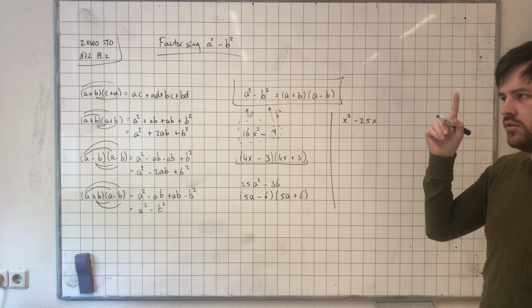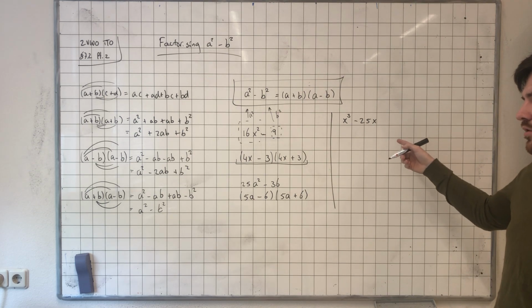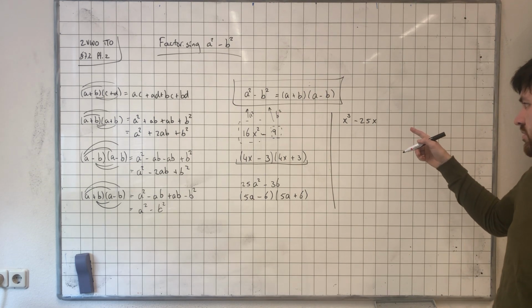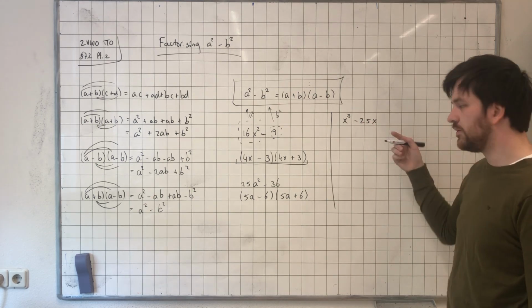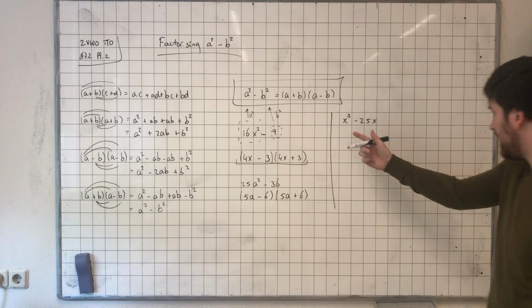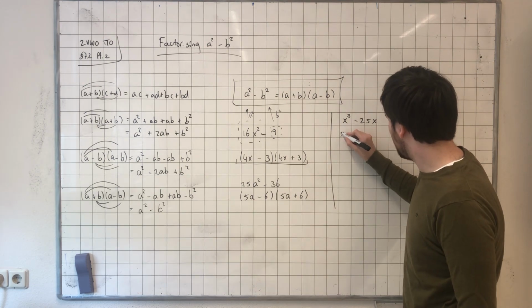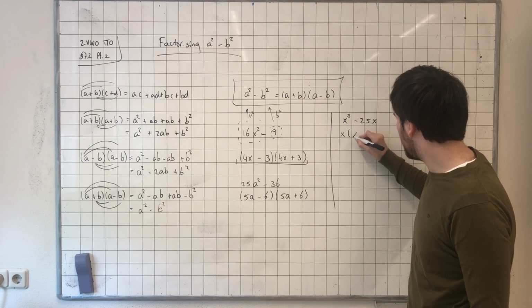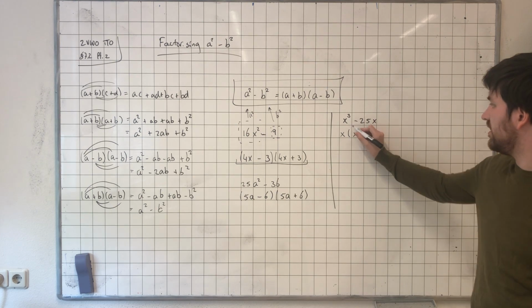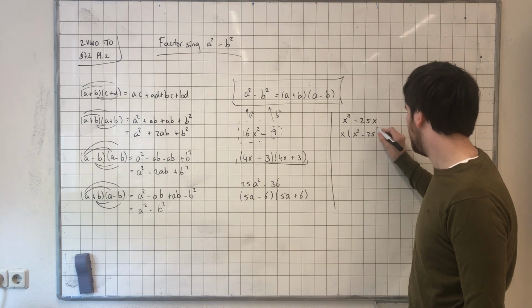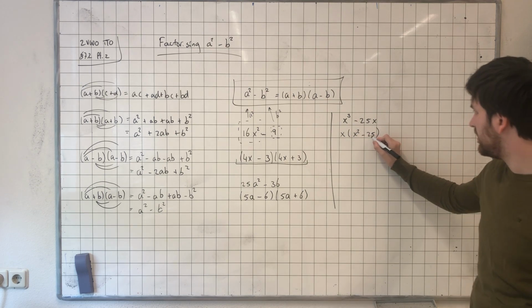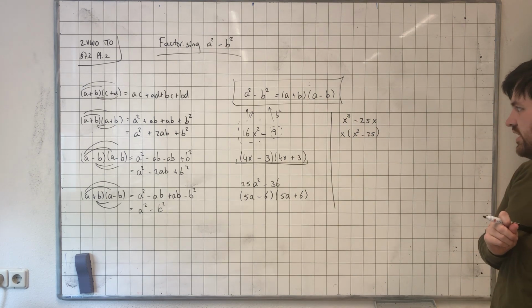So first we're going to use the first part of this paragraph, in which we're looking for like terms, which in this case is an x, because we can divide both of these things by x. Then we'll get x times (x squared minus 25), because x times x squared is x to the third, and x times minus 25 is minus 25x.